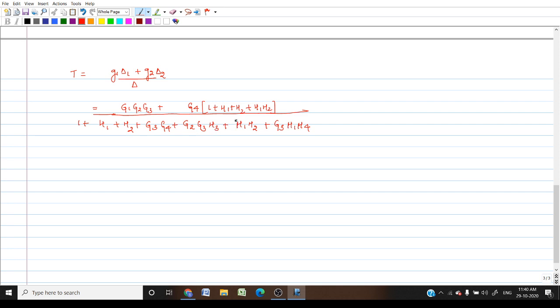So this is my overall transfer function.